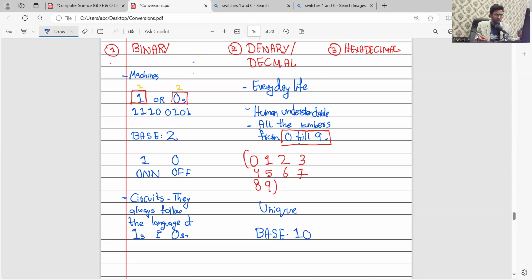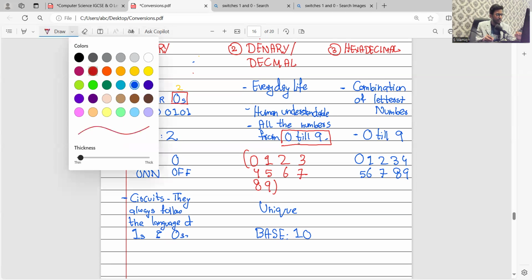Other than that, I have hexadecimals. Hexadecimals are the ones I was considering in the errors part. Hexadecimals are a combination of letters and numbers. Whenever you have a hexadecimal, that means you have all the numbers from 0 till 9, that is 0, 1, 2, 3, 4, 5, 6, 7, 8, 9.